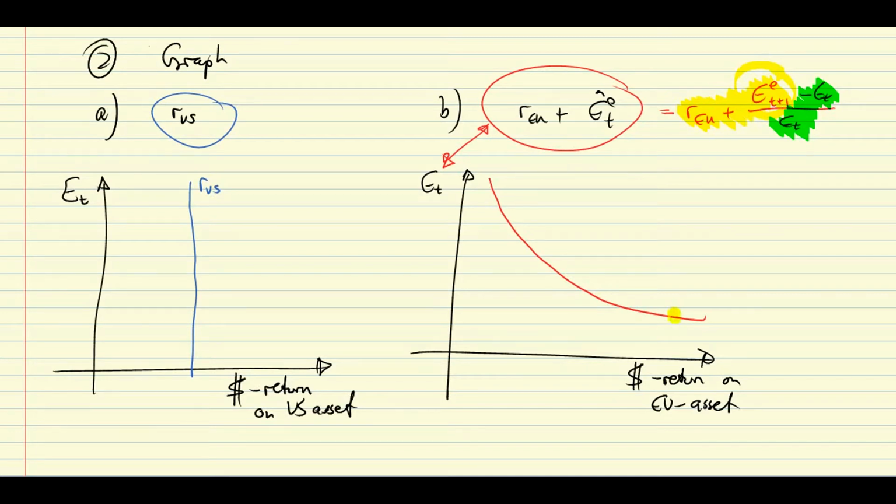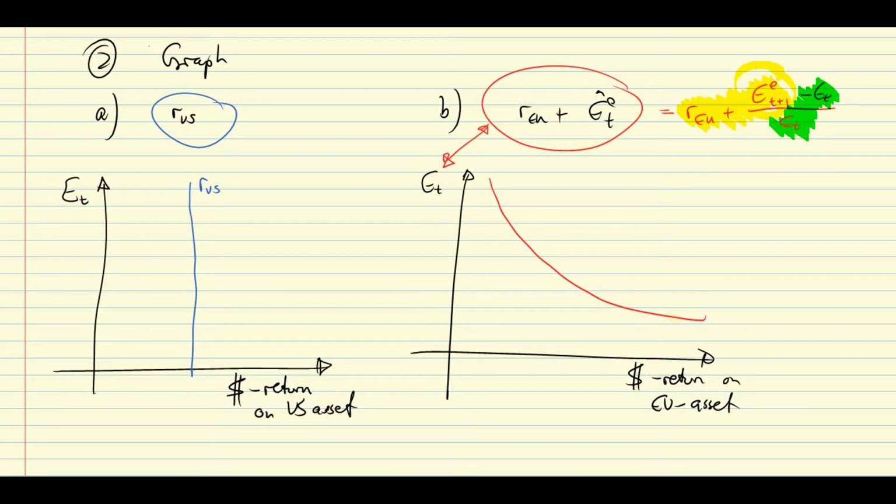So on a point like this, with a fairly appreciated dollar, the future depreciation implies a higher return. Here, with a fairly depreciated dollar exchange rate, you get no additional compensation from future depreciation, so that the dollar return on the EU asset is lower.